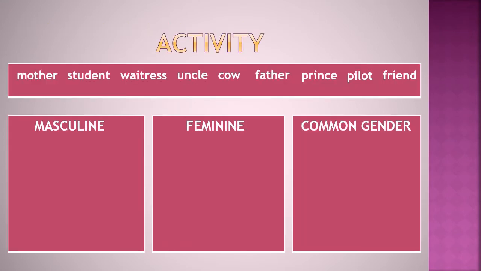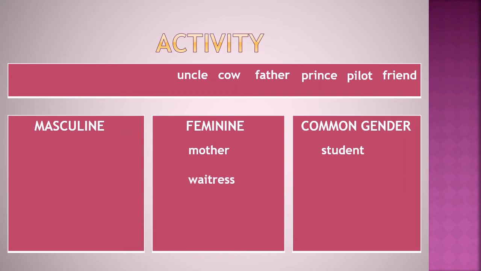Let's do an activity, students. Now here is a list of words. You have to choose which one of them is masculine, feminine or common gender. Mother, feminine. Student, common gender.